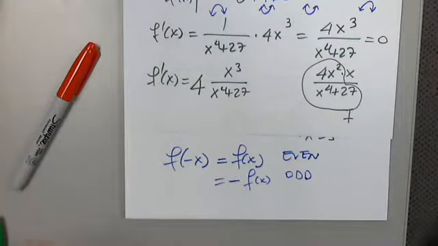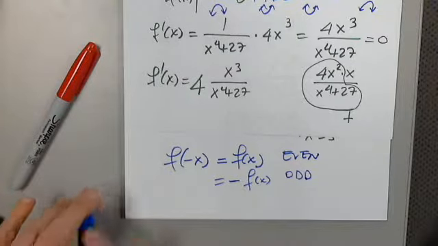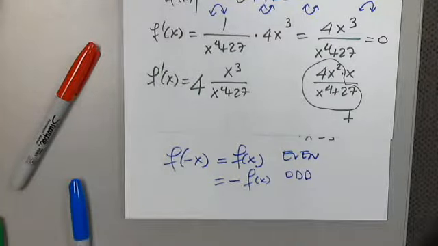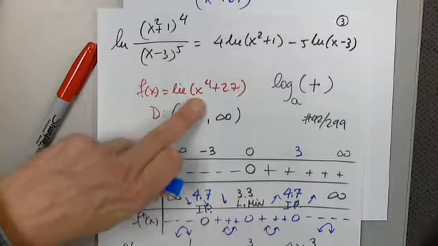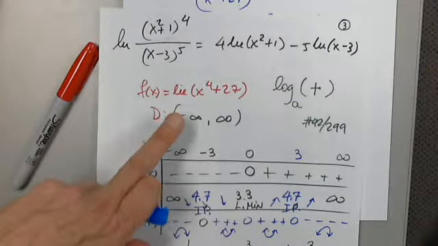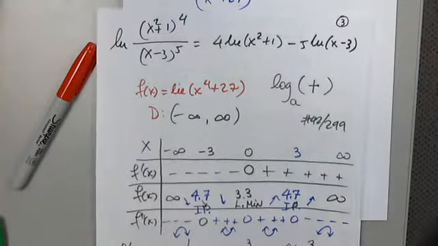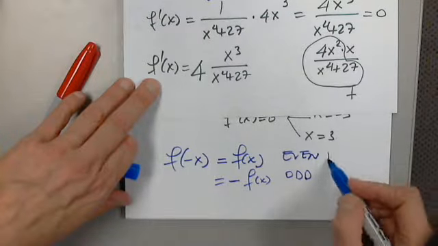There is one function that is symmetric with respect to the origin and the y-axis, but nobody cares about it: y equals 0. Obviously if we replace x by negative x, nothing will happen. The function will stay the same. So therefore the function is even.